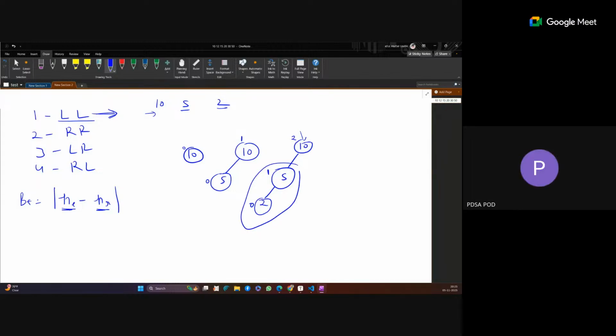The left subtree is connected on the left, and there is nothing connected to the right, so it is an empty subtree, and its height is 0. So check the height of the left subtree from this part only, 5 and 2. What is the height of this? 2. And minus the height of the empty tree, which is 0. So we got 2. That I have written here.